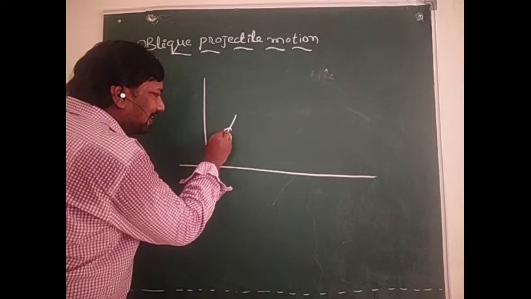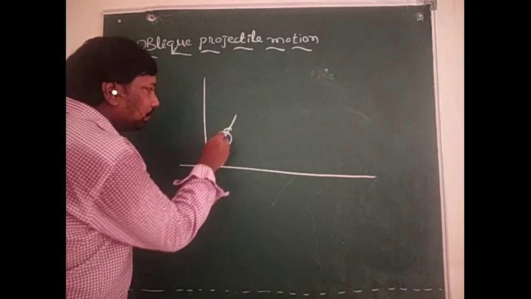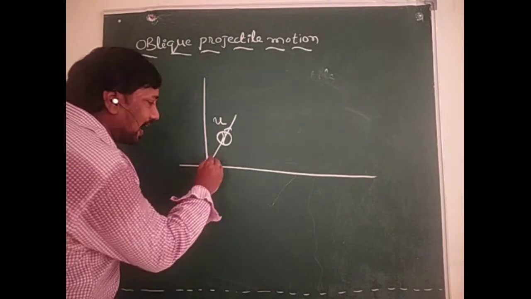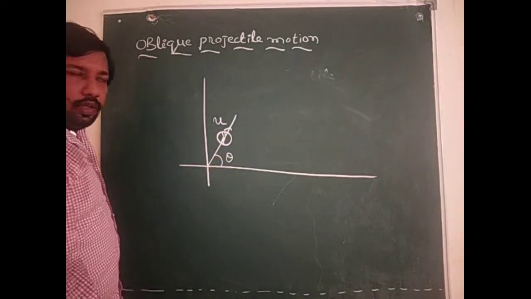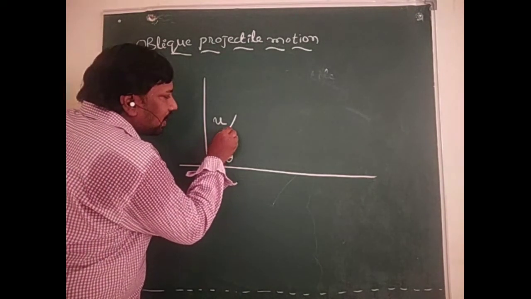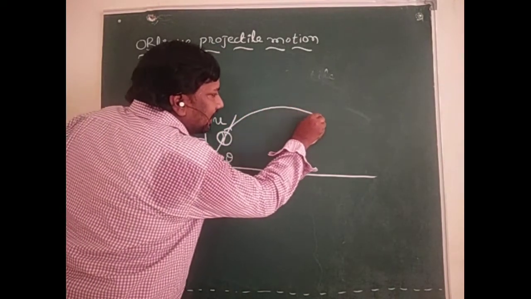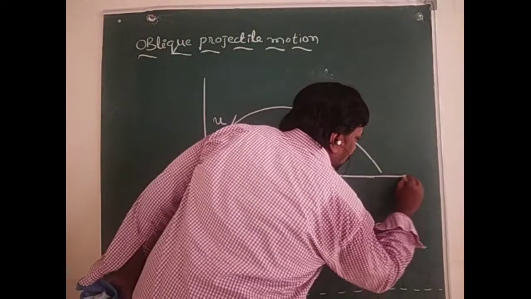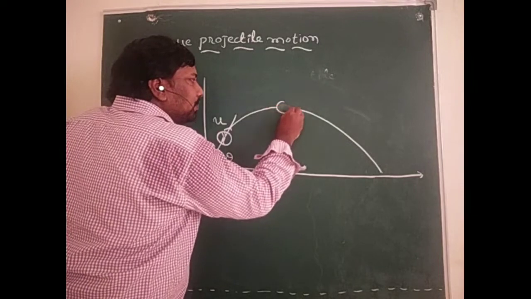A ball is projected into air with initial velocity u, making an angle theta with the horizontal. In the case of oblique projectile, its path followed by the object is in this way.